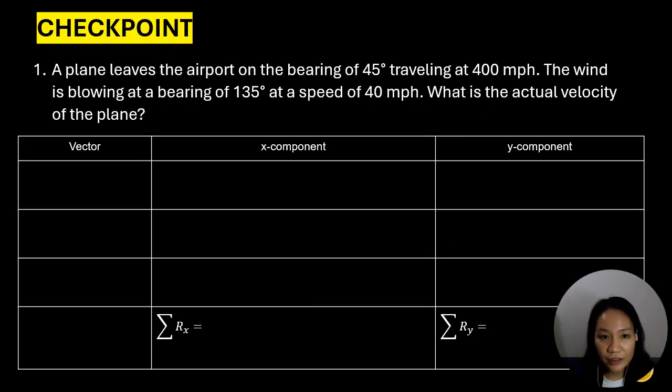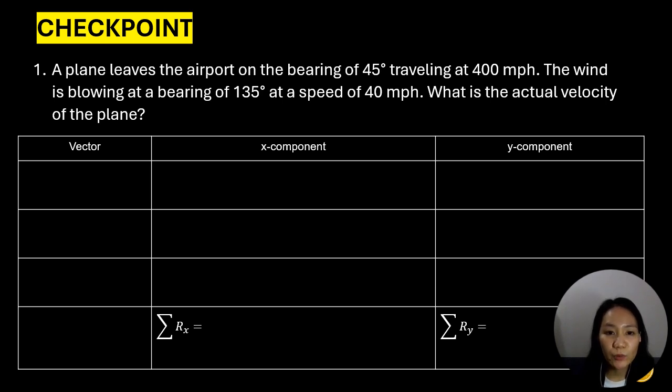To end this video, here is a sample question, a checkpoint question, that I'd like you to answer during your breaks. A plane leaves the airport on the bearing of 45 degrees, traveling at 400 meters per hour.